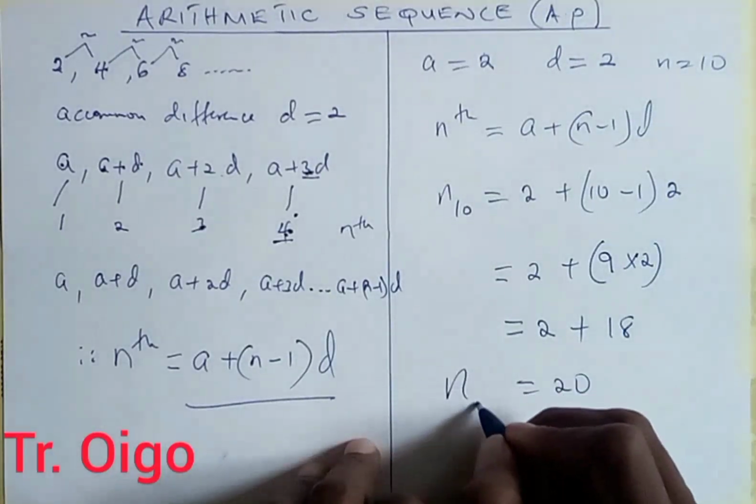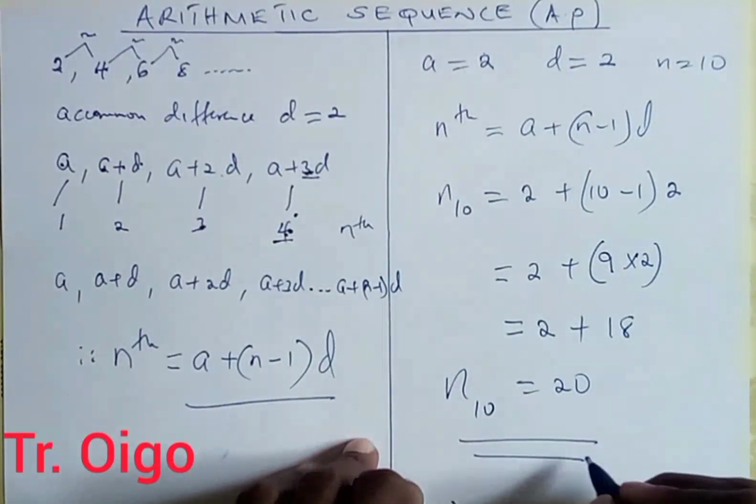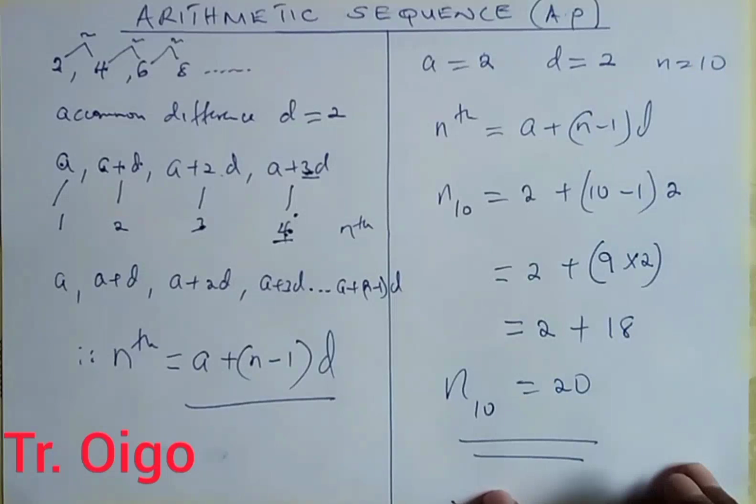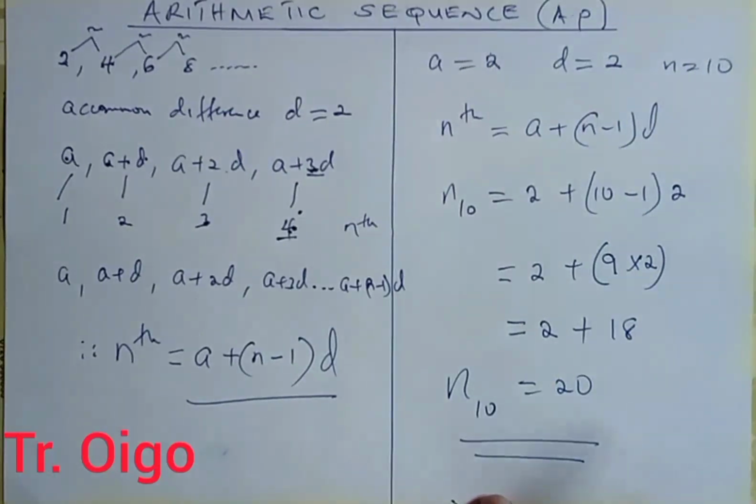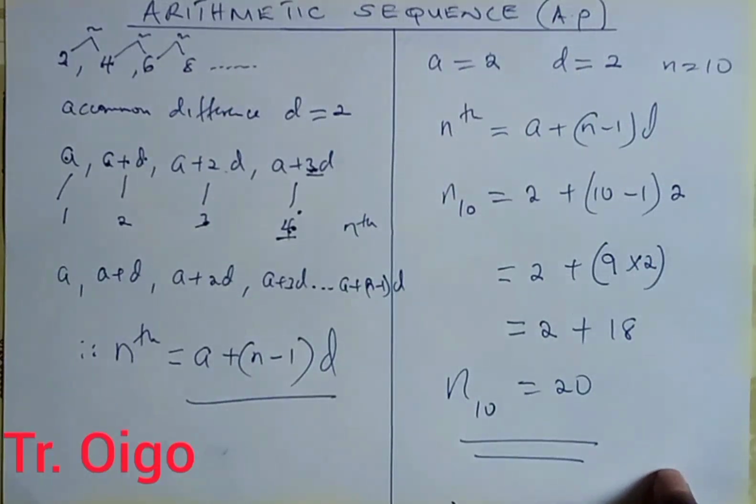And therefore the 10th term for this particular sequence is going to be 20. And that's how simple it is to work out with an arithmetic sequence.